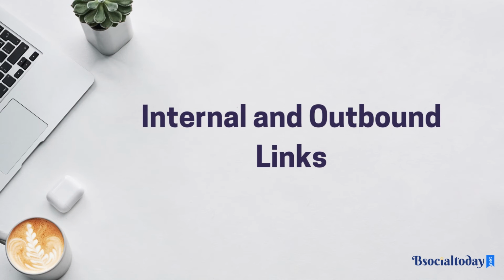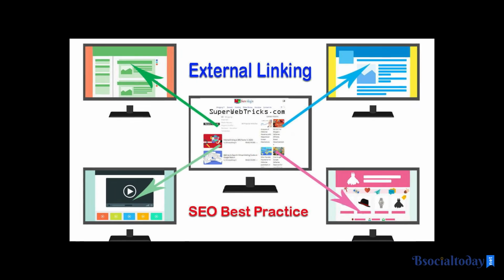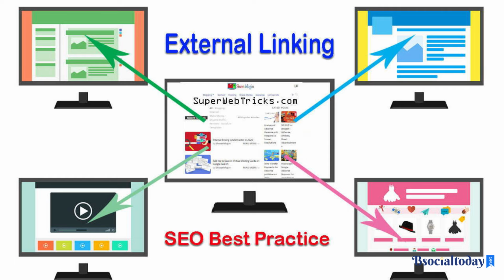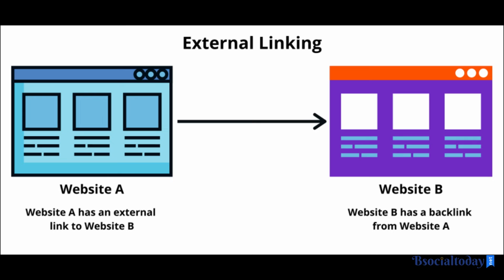Internal and outbound links. Google's algorithm will prioritize the anchor text "Learn how to get more traffic" over "Learn how to get more traffic by using this tool." Link popularity is a factor that Google takes into consideration when evaluating the importance of a page. The more links there are to a page, the more likely it is that Google will consider it important.